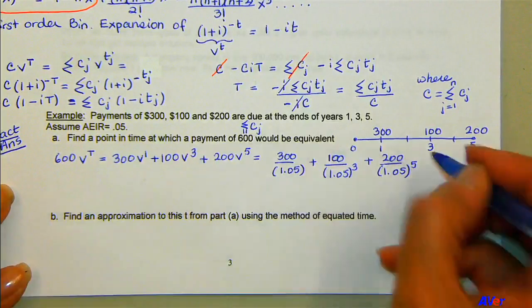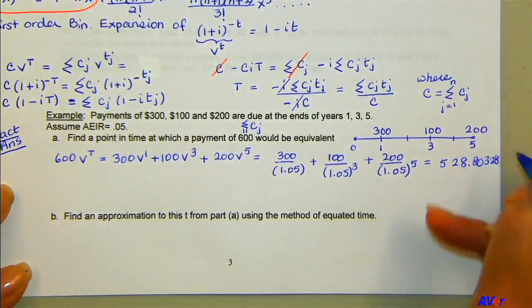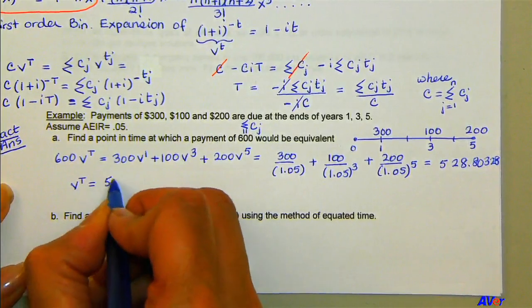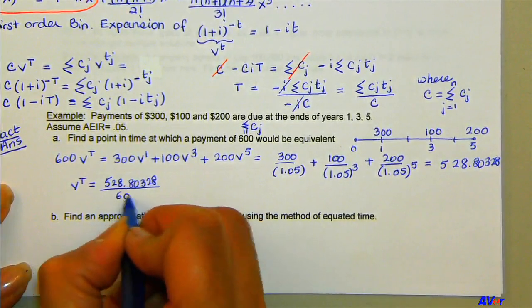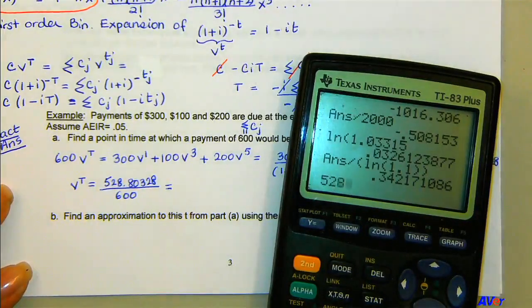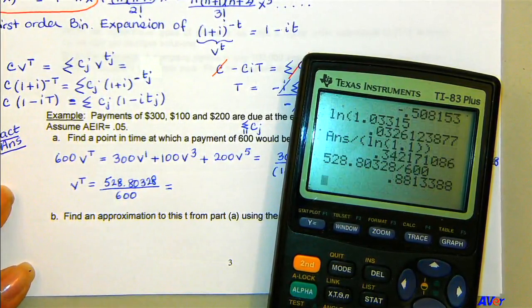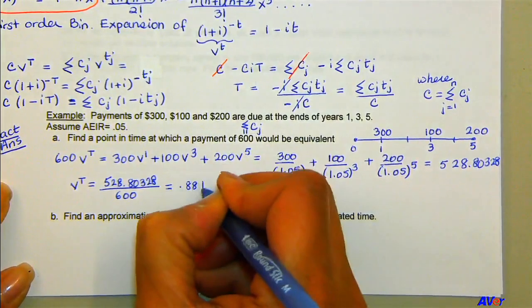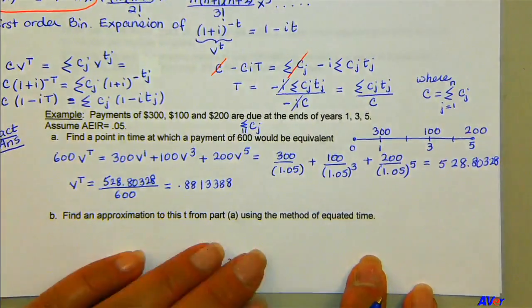So this gives me 528.80328, and therefore v^t is equal to 528.80328 divided by 600, which is 0.8813388.